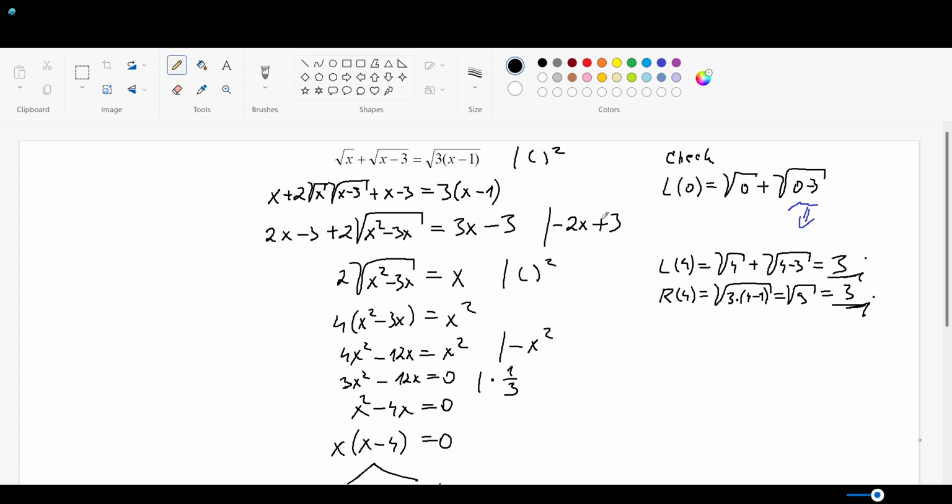So we are done here, and we conclude that the set of the roots for our given irrational equation is just a one element set, and it is the number 4.